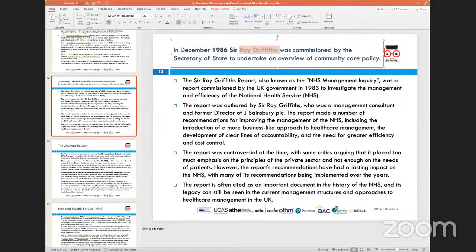And when we do talk about community care, that is where this report becomes useful. That's the reason why I'm suggesting that if you study this report in a bit more detail, it would allow you to understand why community care as an agenda was brought forward by the Griffiths report, and why it recommended that there should be creation of management within the NHS, and that it should be given powers to make decisions with regards to budgeting and costing.